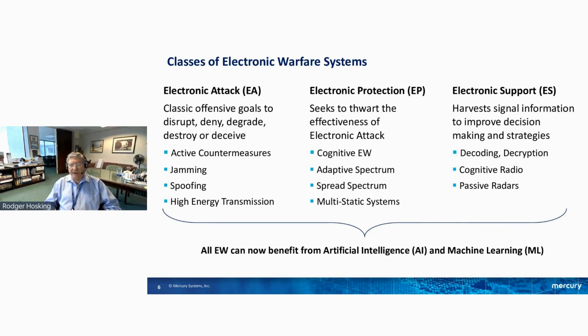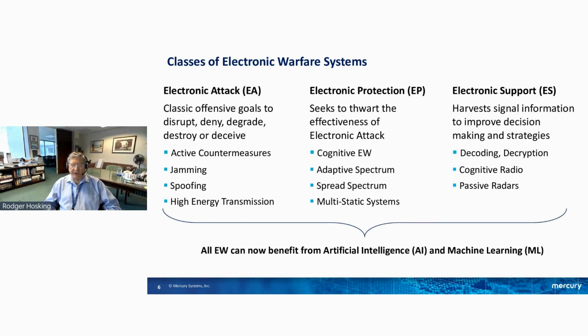And then the third is electronic support, which is receiving signals to decide what they are and to perhaps take action to determine some strategies going forward based on what's been detected.